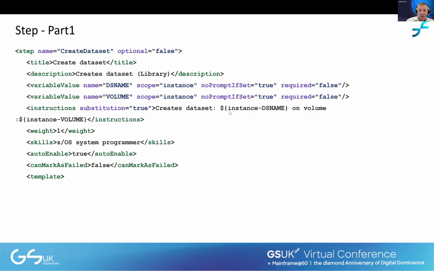And then in the instruction, there is just a message shown that this data set would be created on this volume. As you can see, when variables are used in the zOSMF, it's always a dollar sign, curly braces and the variable name. There could be instance dash or dot. You could specify in the workflow that you can skip this, but because you can have even more types of variables in the zOSMF, not just defined ones, but even dynamically created or system variables, when we are developing, to always already know what the variable is, we recommend to keep this default.